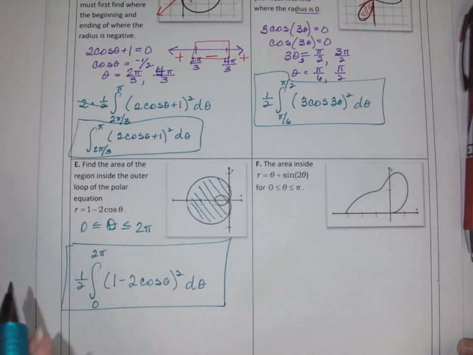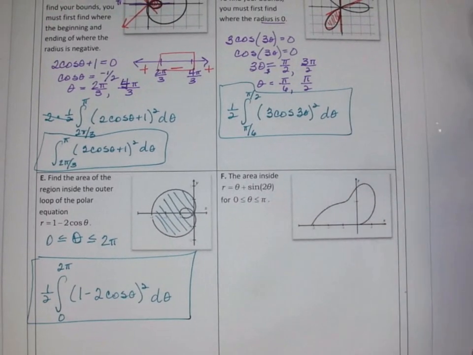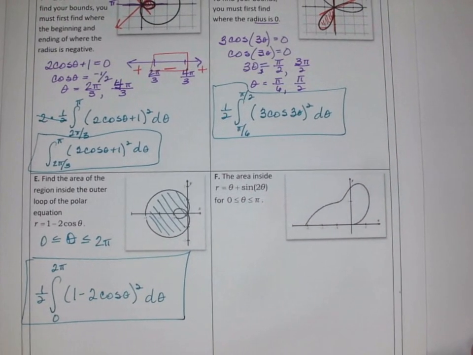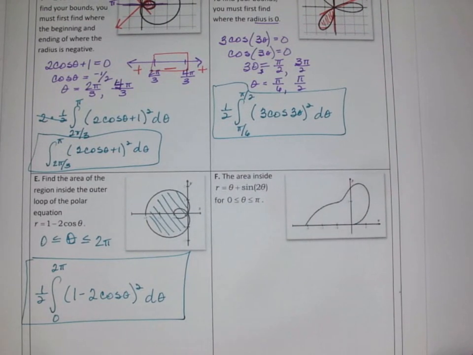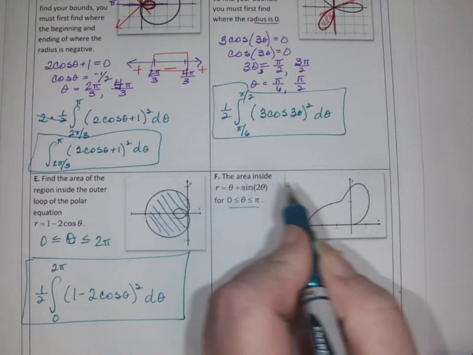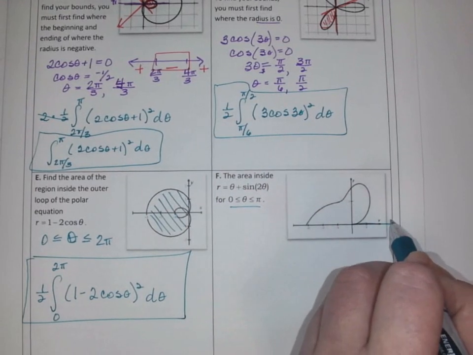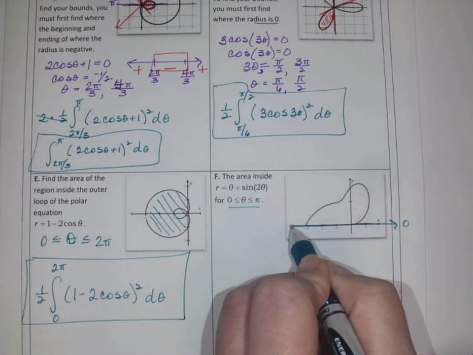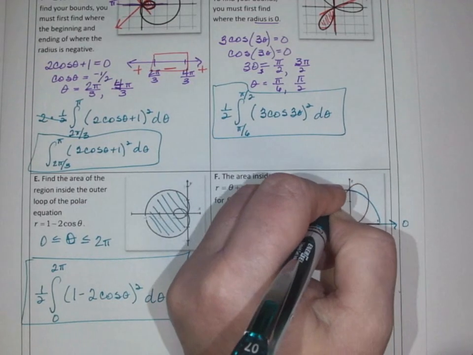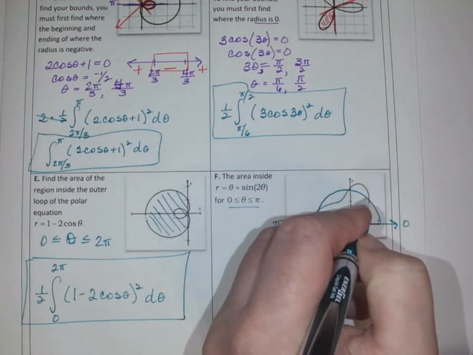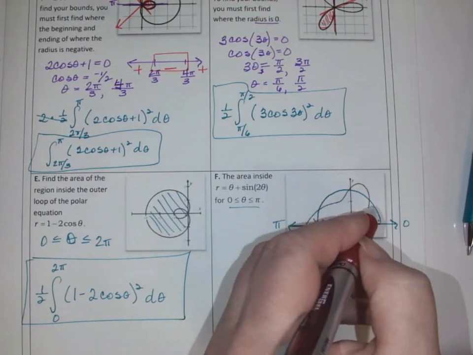And then next, find the area inside r equals theta plus sine 2 theta. Now, this is what the AP likes to do. They like to give you this kind of weird shape, but they're giving you the bounds, and you can look at it. Here is 0, here is pi. As you sweep across from 0 to pi, you're getting all of this area.